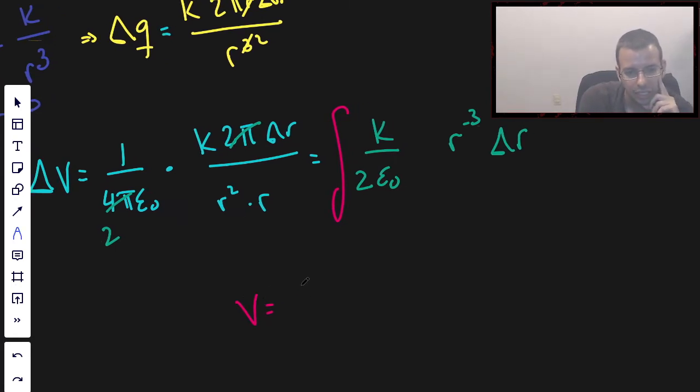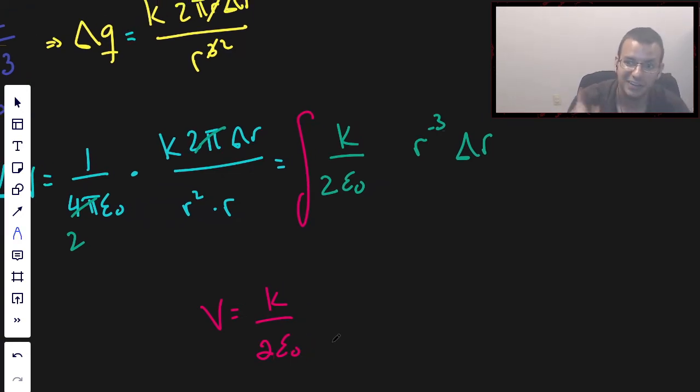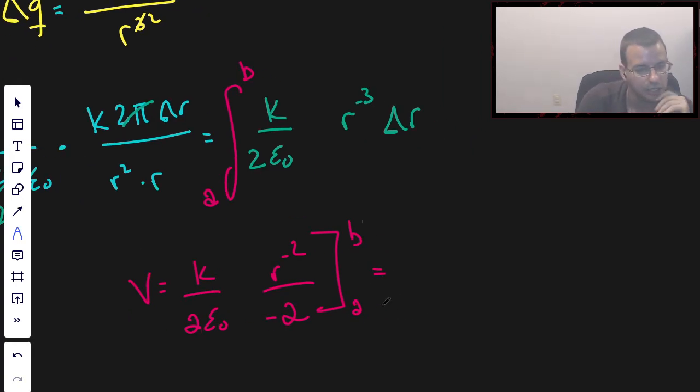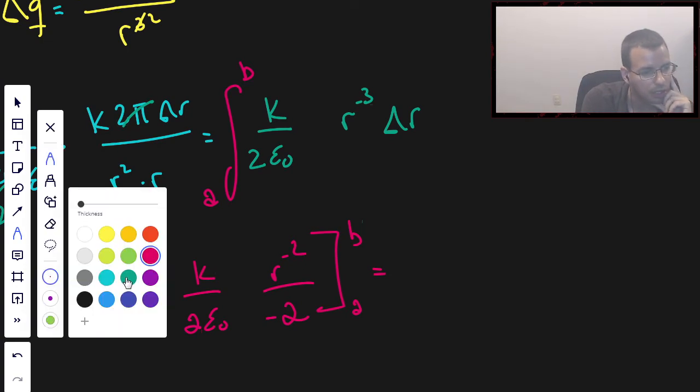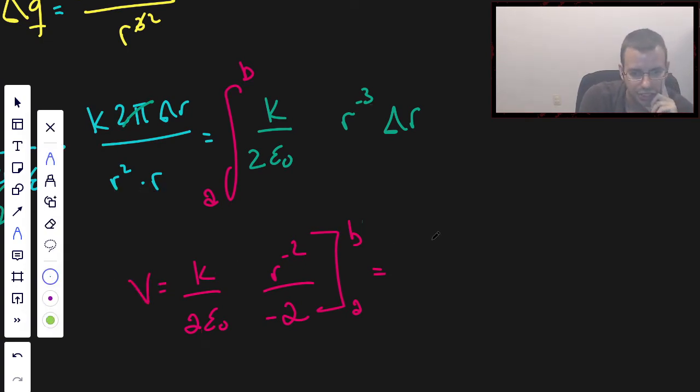We'll do K over 2 epsilon naught. Integral of R to the negative third is R to the negative second divided by negative 2. And it's going to be evaluated from A to B. And then we plug in B there. I'm going to do some magic here.